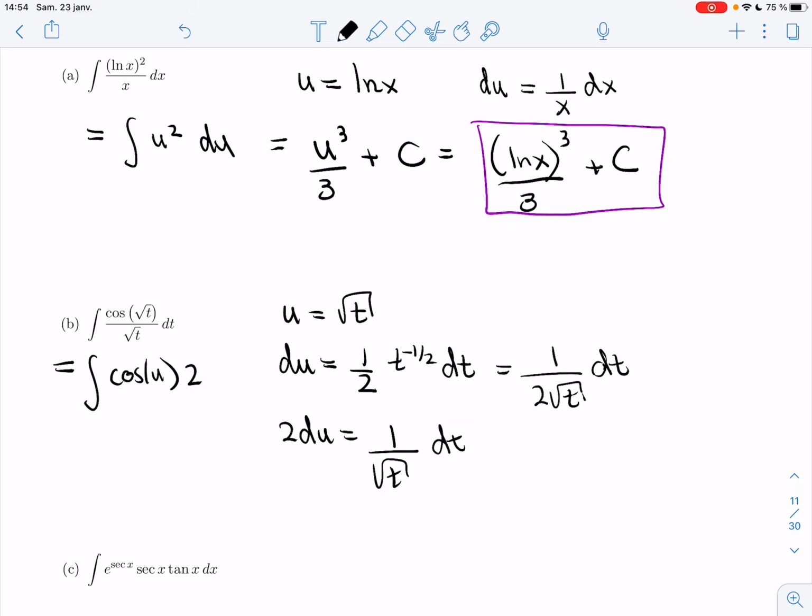And so I get 2 times the integral of cosine. You need a function whose derivative is cosine. That's just sine. I don't need a minus there. And so the answer is 2 sine of root of t plus c.